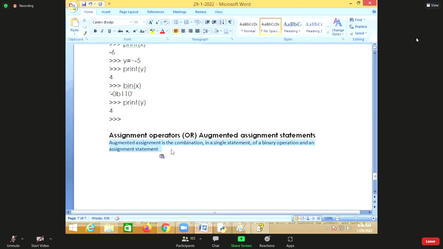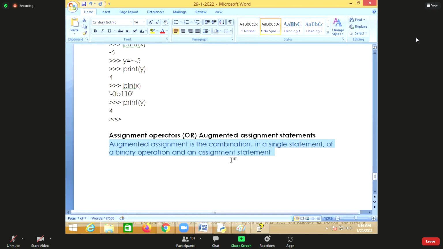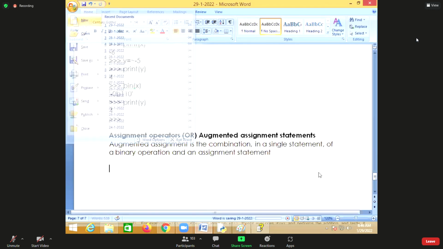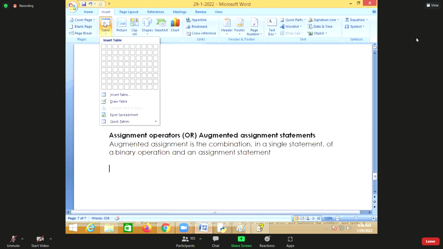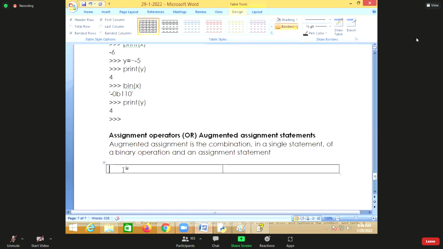Augmented assignment statement is a combination in a single statement of a binary operation and what? Assignment statement. You are doing binary operation as well as what? Assignment statement. For example, these are called operator and this is description. Now there is a plus equal. So how many operations you are doing? Two operations. One is plus and one more is what? Assignment.